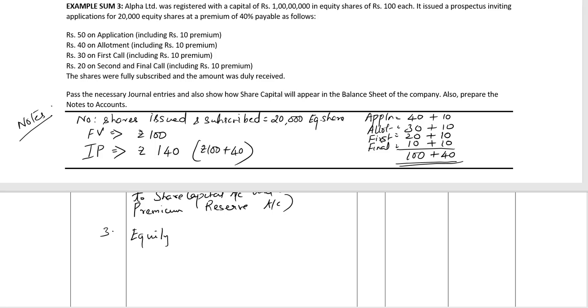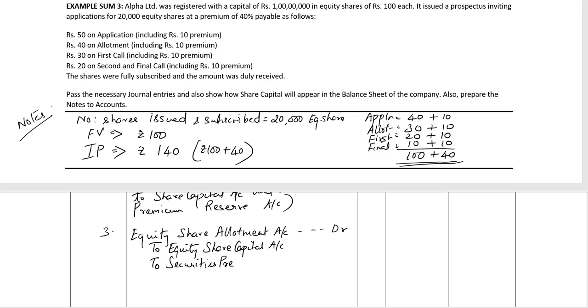So equity share allotment account debit to equity share capital account to securities premium reserve account.